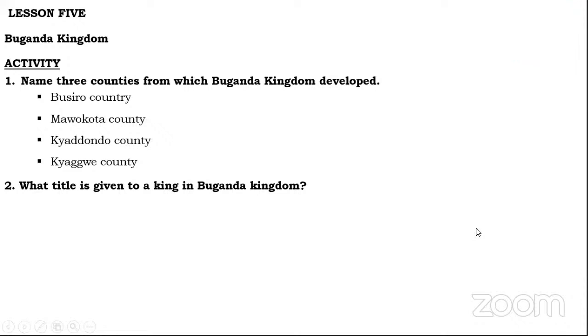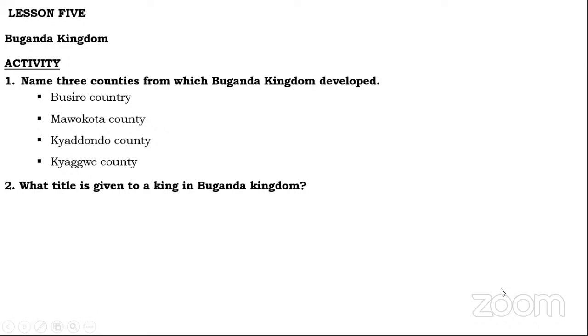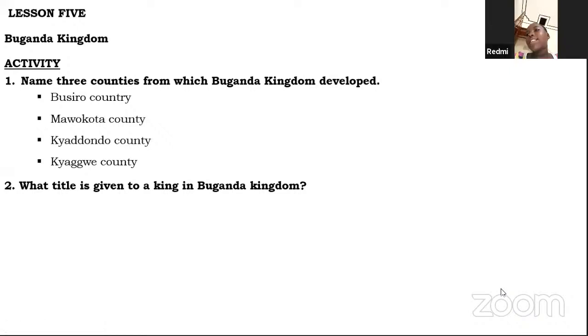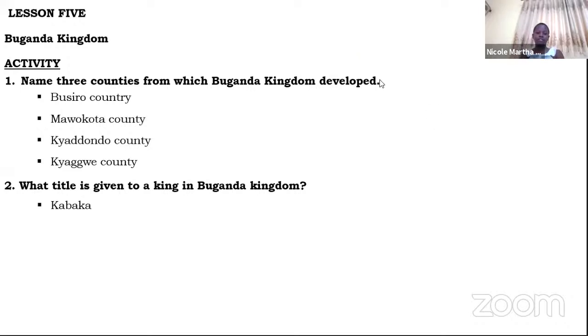What title is given to a king in Buganda Kingdom? Kabaka. Now we continue.